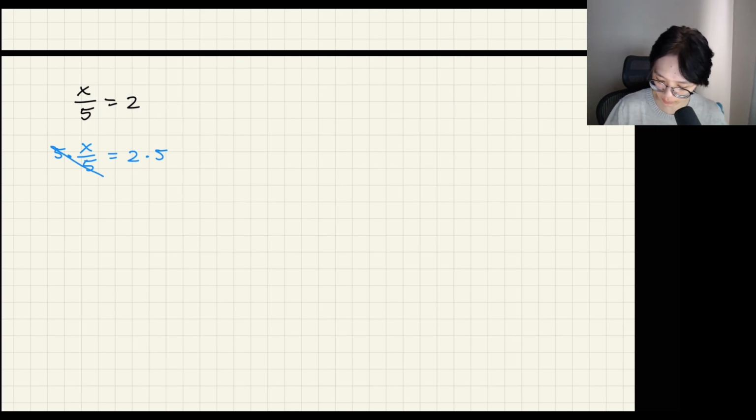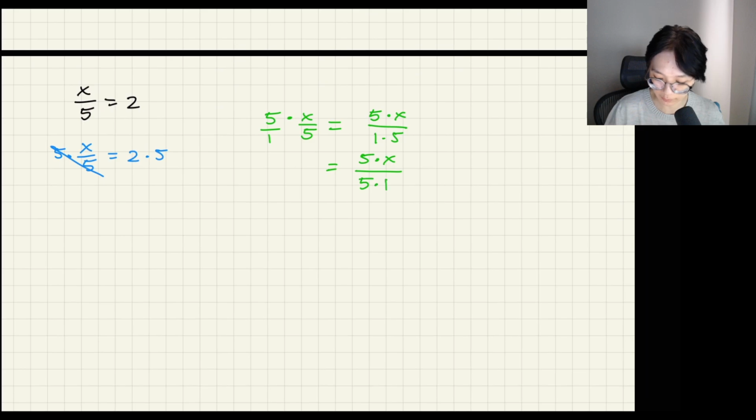I'll write it out over here. 5 times x over 5. This is the same thing as if you had over 1, right? Because anything over 1 is itself. Because it's multiplication, if I just combine the two together, 5 times x, 1 times 5. Commutative property, I swap the denominator, 5 times x over 5 times 1. And then I separate them again. 5 over 5 times x over 1.